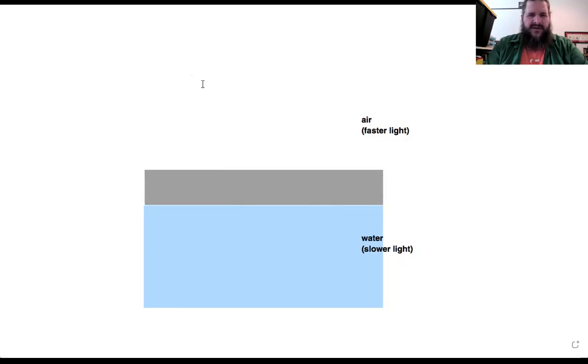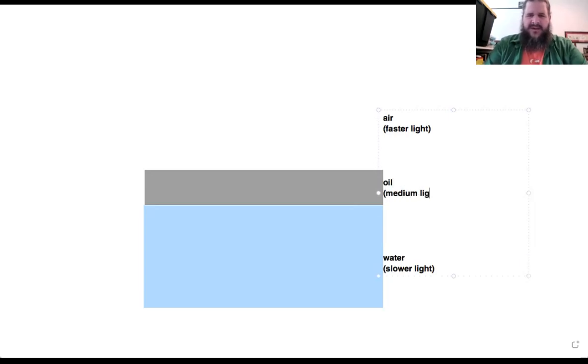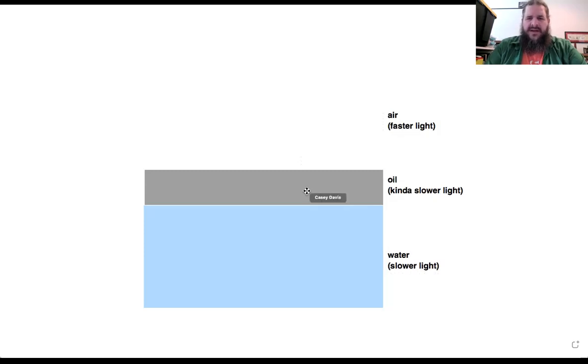I'm going to draw it kind of thick so we can see what's going on in between. So let's say in between is oil, which is, let's say, a medium speed of light. Let's say kind of slow. So we're going from very fast light to kind of slow light to much slower light.